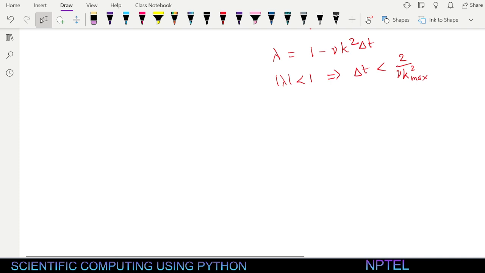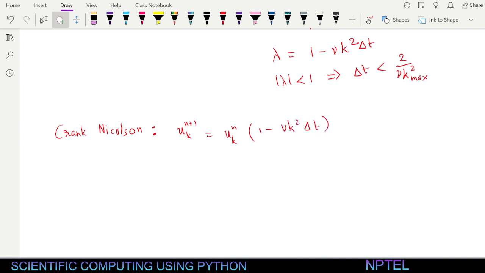Okay, and there is this Crank-Nicolson, which uses this midpoint method. Okay, so rather than multiplying 1 by nu k square delta t, which is what you do with Euler forward, or if you are doing Euler backward, then you divide by 1 plus nu k square delta t, right?